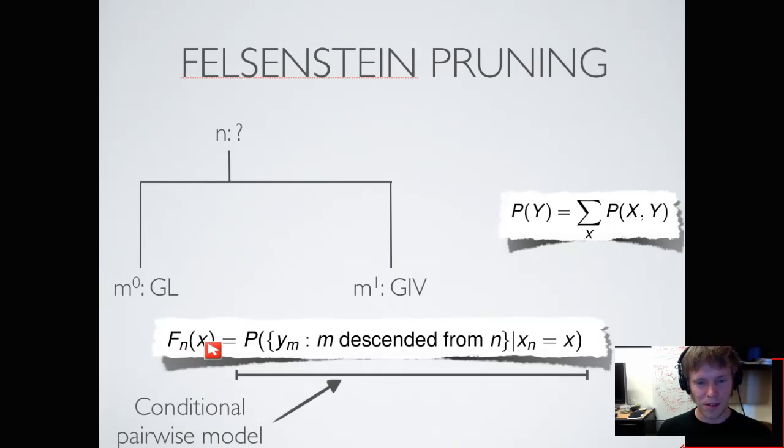If we assume each column evolves independently, we compute this for each column and multiply them all together, and that's where we get our likelihood. That's the case when we assume that X is a single character in a given column.